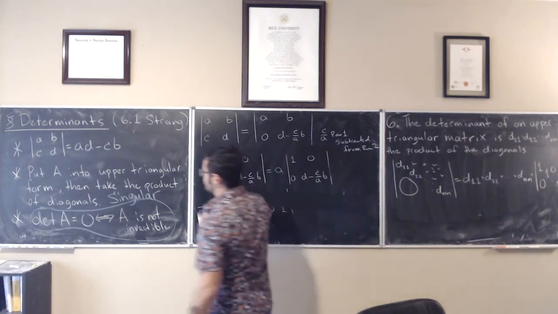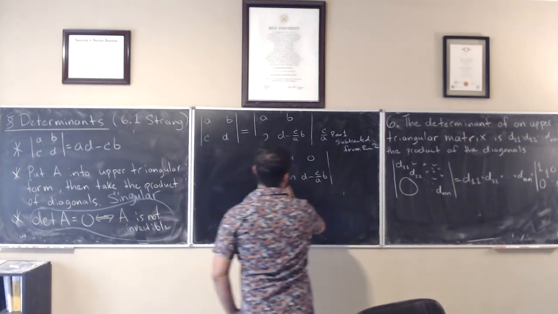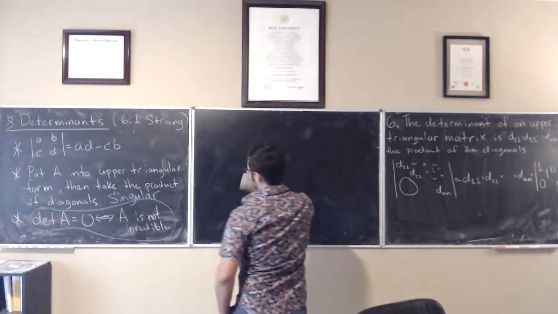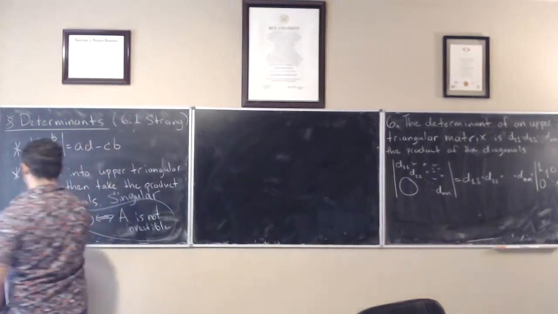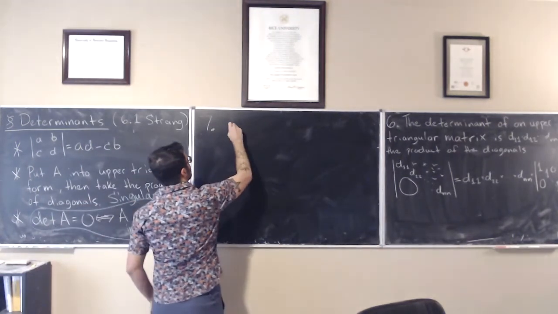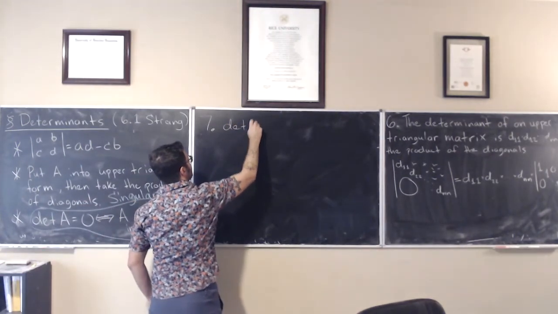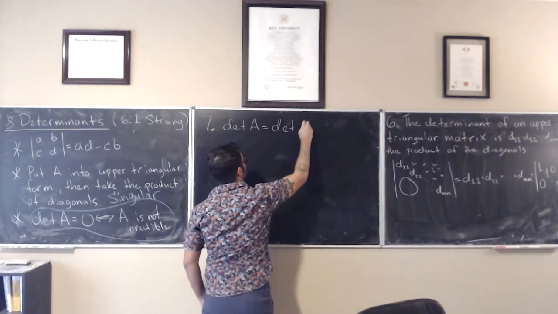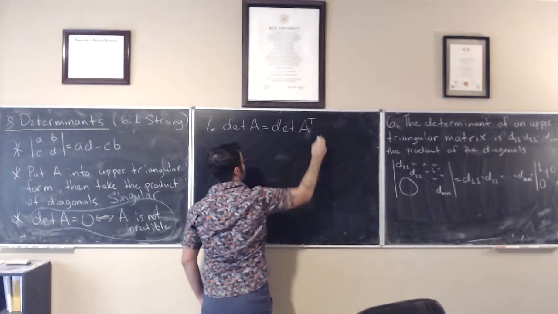Another way to see this is with the next property. Property 7: the determinant of A is equal to the determinant of A transpose.